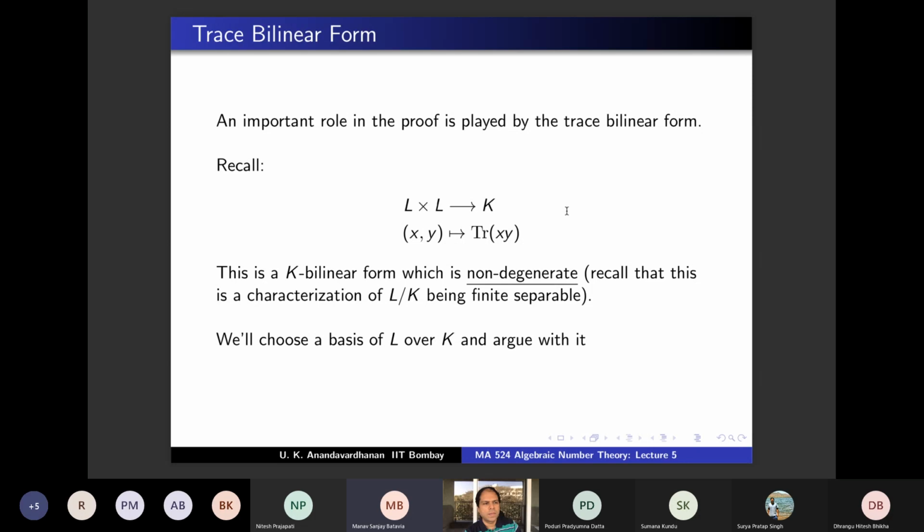But we might not be able to find such a basis. It depends on the bilinear form. In general, it depends on the bilinear form, and in this case we are working with fields and the nicest bilinear form, trace of xy.